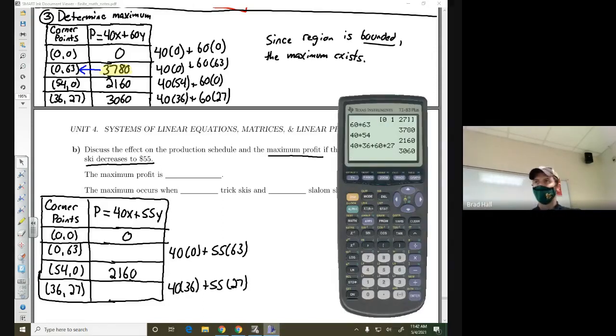So the 0 and the 2,160, those actually end up not changing from before. If you work it out, you'll get those numbers anyways. So first one is 55 times 63. Then I'll do the last one, 40 times 36 plus 55 times 27. 3,465, 2,925.